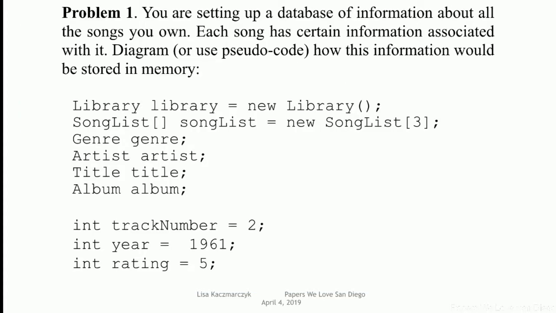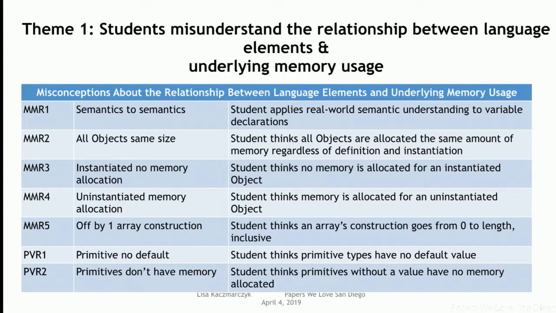So let's go back to this. Marvin, go back one slide, just to the one before that. So the semantics to semantics, student applies real-world semantic understanding of the variable declarations. That seems like a larger problem, that you'd wind up with people applying real-world semantics to other areas as well. Were there other misconceptions that were related to that in other areas?